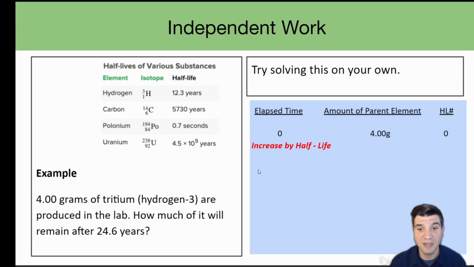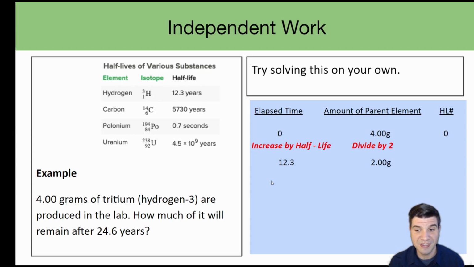So how do you do this? It says elapsed time. We're starting off at 0 and 1 half-life passed by. So this column will have the number increased by the half-life of the isotope. So in this case, it's going to go up by 12.3. Next, to get the amount of parent element, we're going to divide by 2.